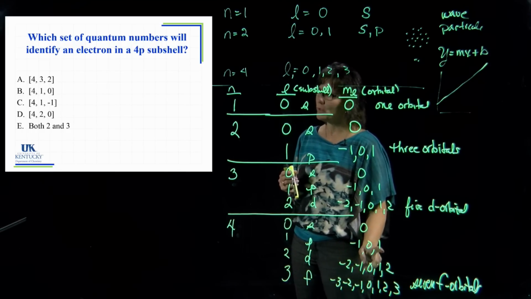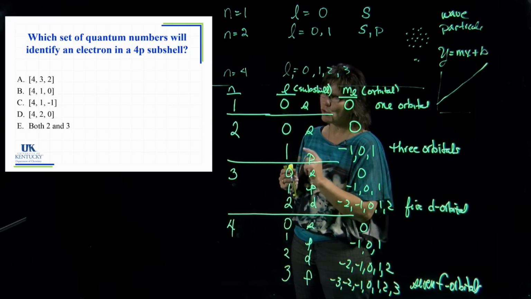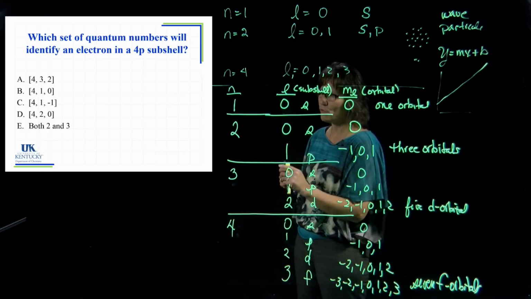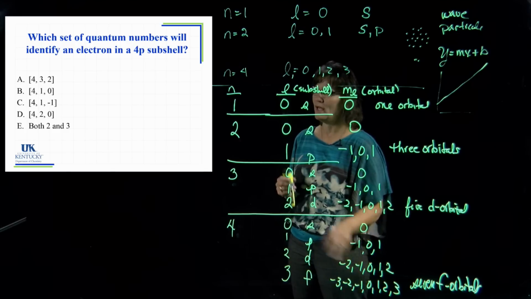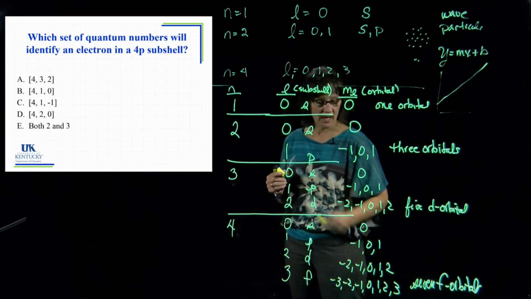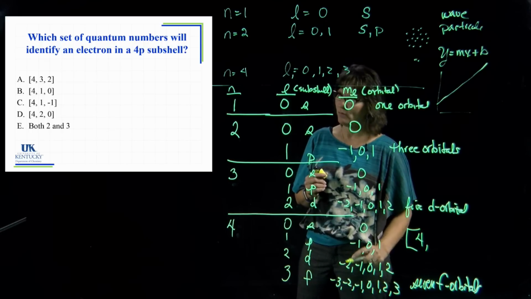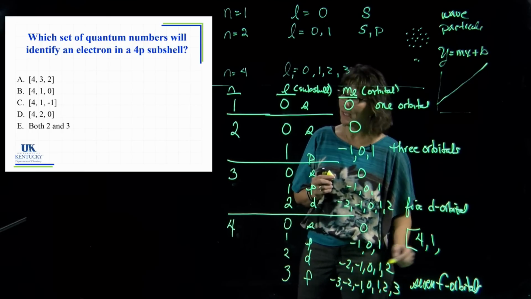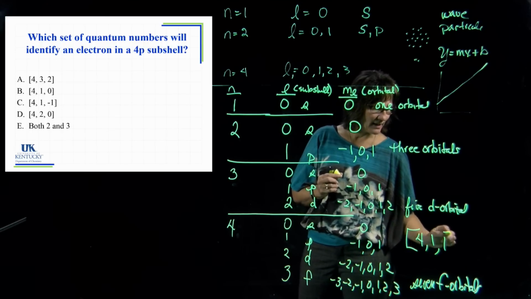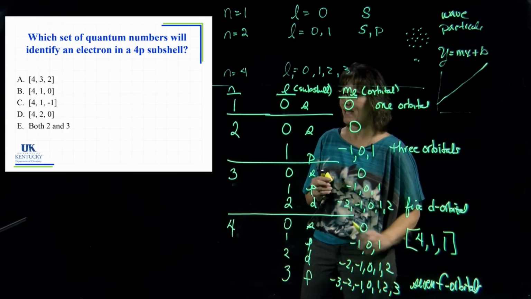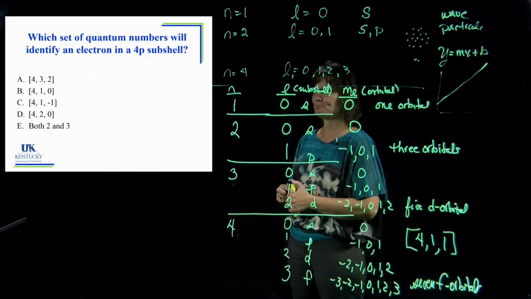So any one of those would be okay. So in B I have 4, 1, 0. In C I have 4, 1, negative 1. Another allowable set could have been 4, it's in the fourth shell, 1, it's a P, and 1, it's the third one of the choices that I had to choose from for that.